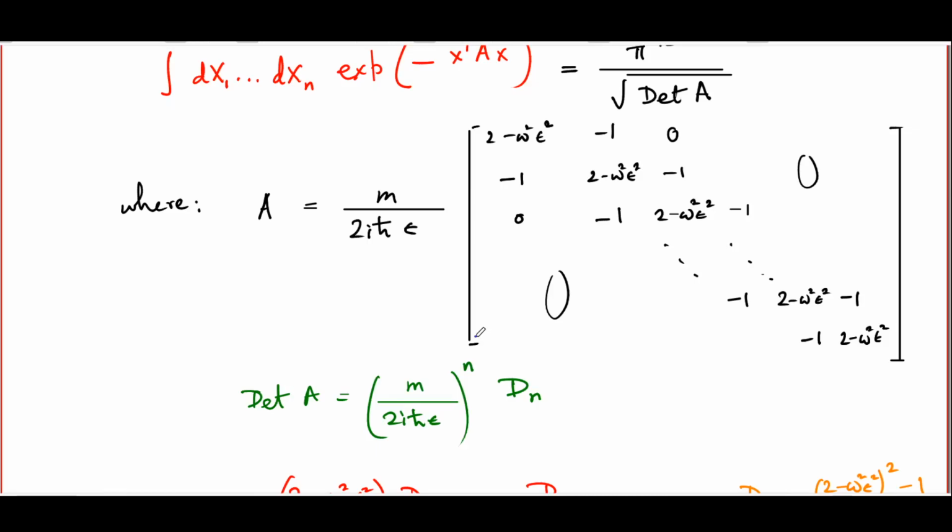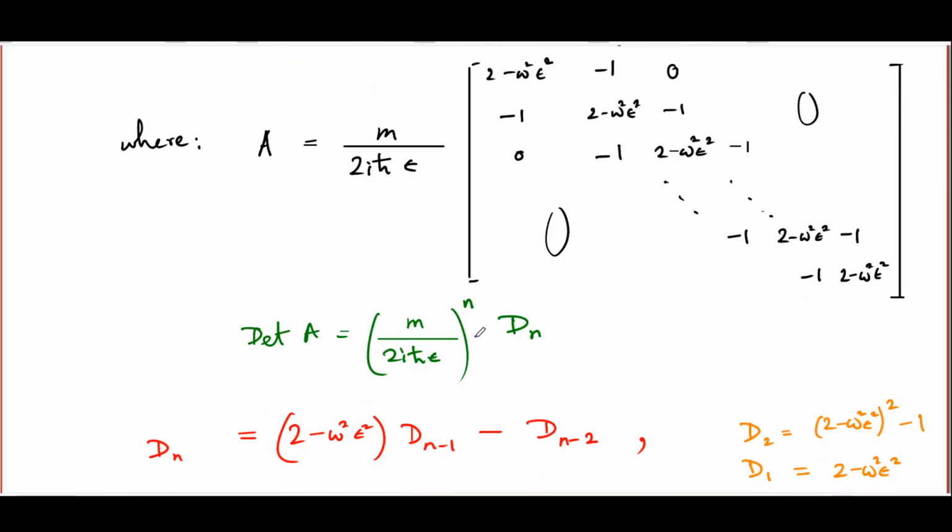Now dn, as we argued for the free particle case before, we can argue along the same lines to show that dn obeys this particular recursion relation. Dn has to be 2 minus omega square epsilon square dn minus 1 minus dn minus 2. If you have forgotten how that argument went, let me just remind you that it's going to be this element times the corresponding minor, which is dn minus 1.